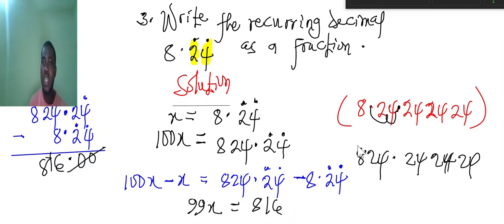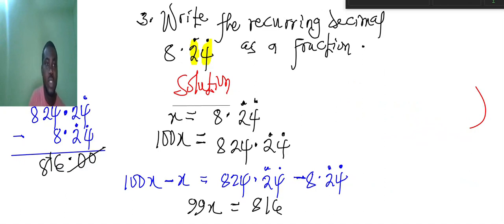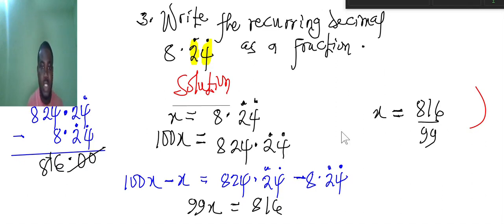Now x can be obtained as 816 divided by 99. Yes, x is 816 divided by 99. But we need to be sure that that is the smallest fraction. So let's double check. Okay, so that's not the smallest fraction.